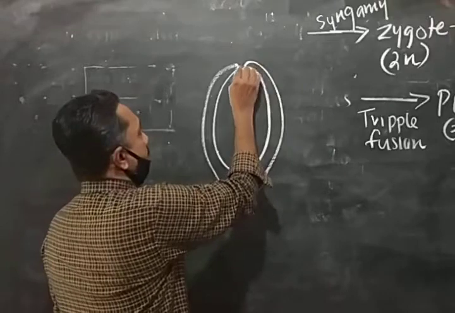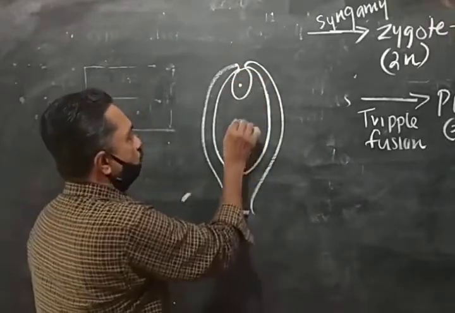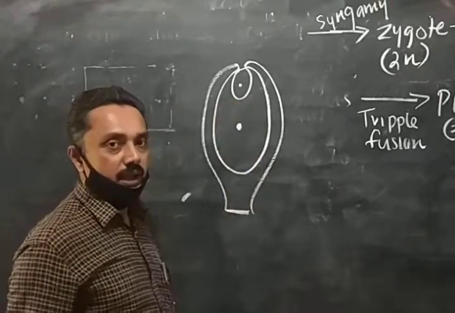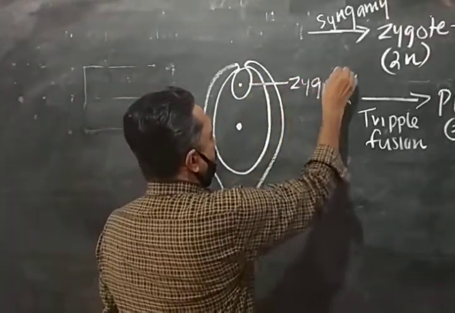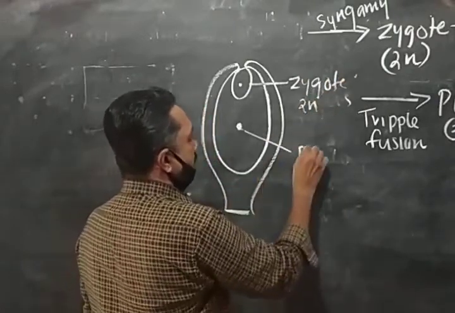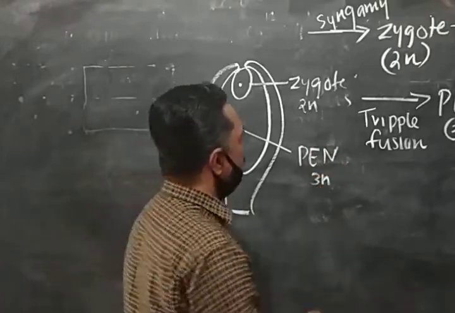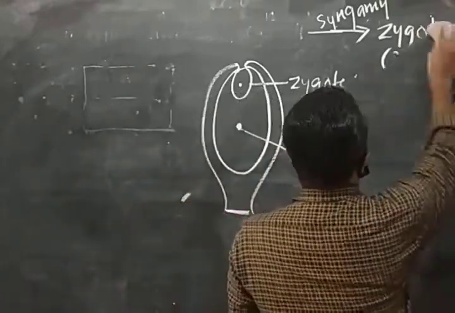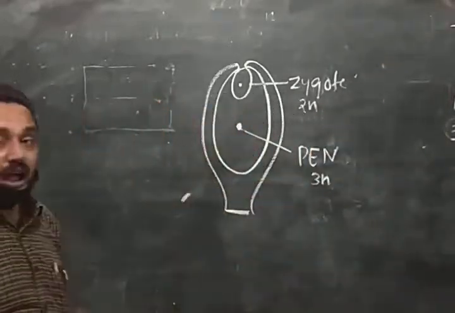Only 2 things remain in the embryo sac: the zygote, which is diploid, and the primary endosperm nucleus, which is triploid. All other structures will disappear from the embryo sac.